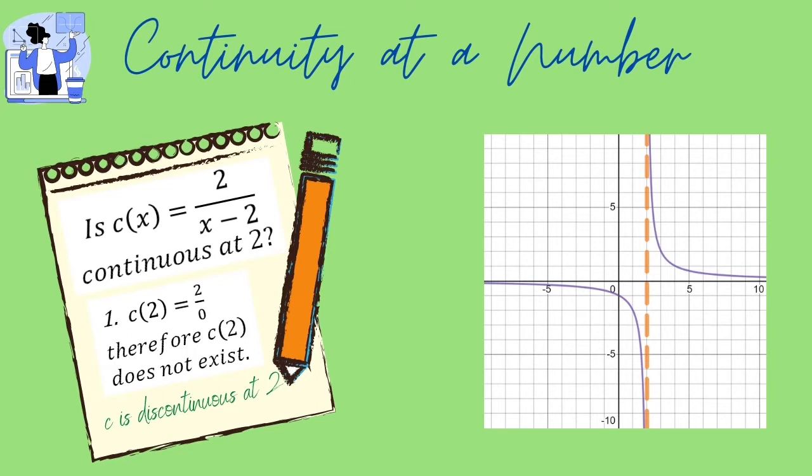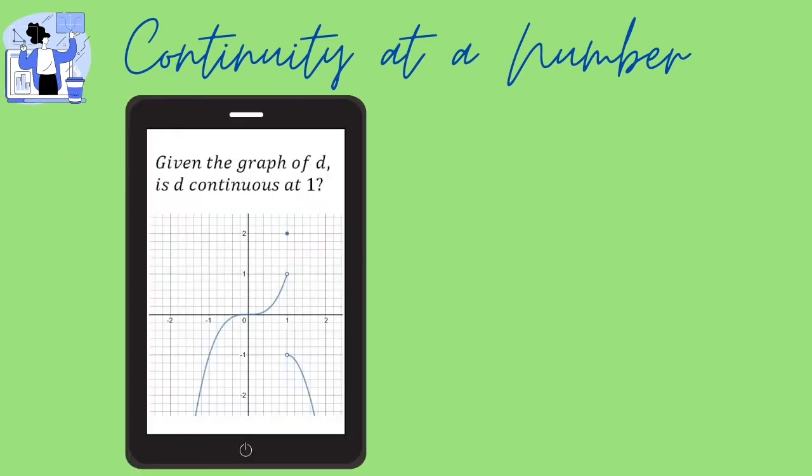In the next example, given the graph of d, is d continuous at 1?